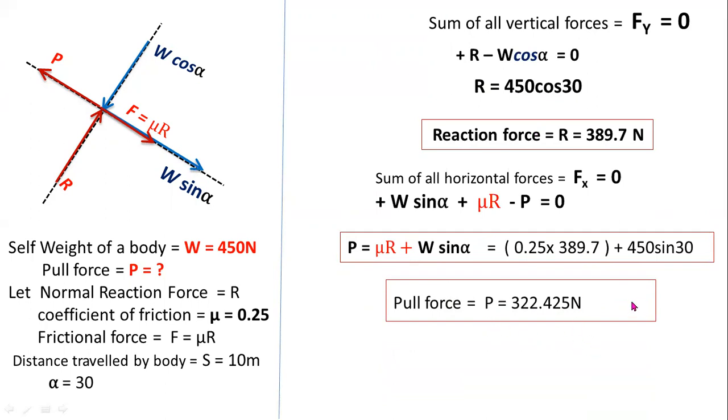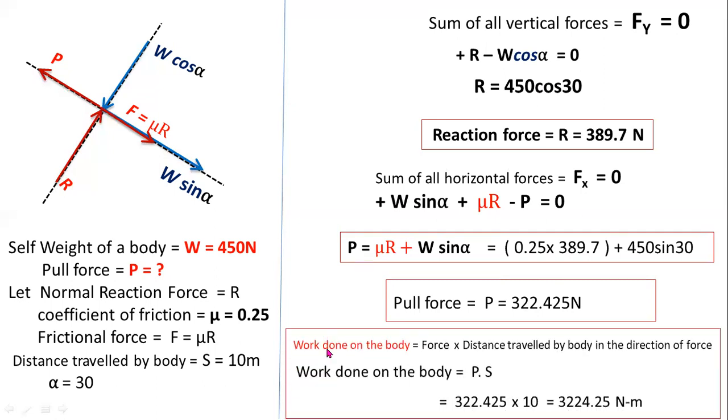After getting the reaction force and the pulling force, you have to determine the work done on the body. Already we know that work done equal to force into distance traveled by the body in the direction of force. The distance traveled in the direction of force is S equal to 10 meters.